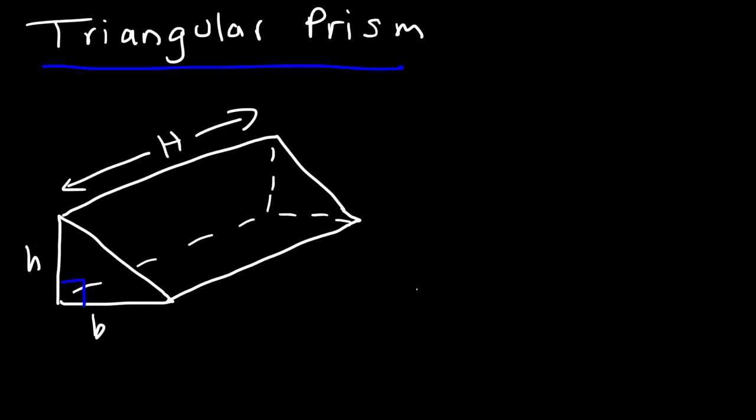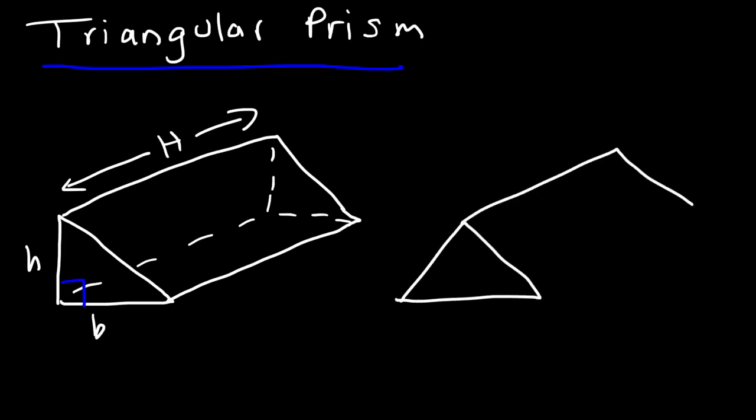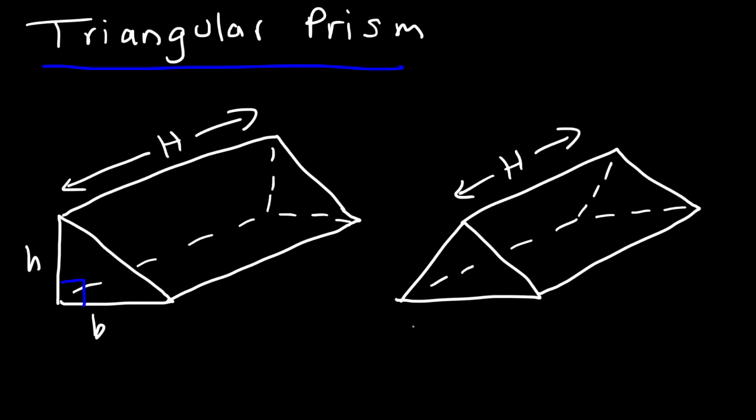Now we can also draw a triangular prism, like this. So this would still be H. In this case, this is the base, and this would be the height of the triangle.